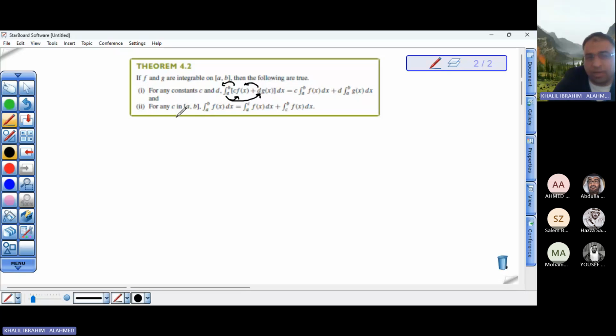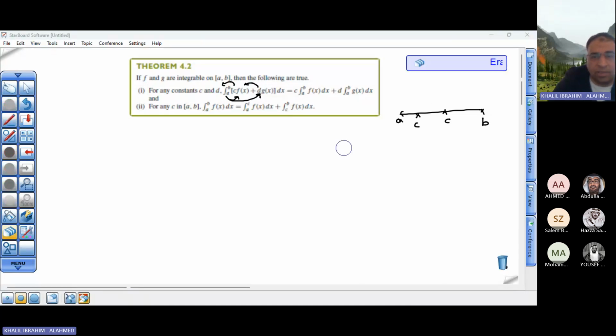In the second property, for any c in the interval from a to b, maybe you can divide the integral into two integrals, as you see, from a to c, then from c to b. Because c is inside, this is A here, this is B here, but C maybe here, maybe there.